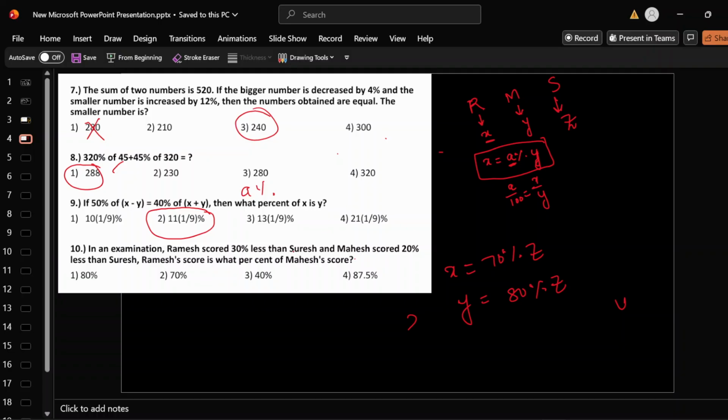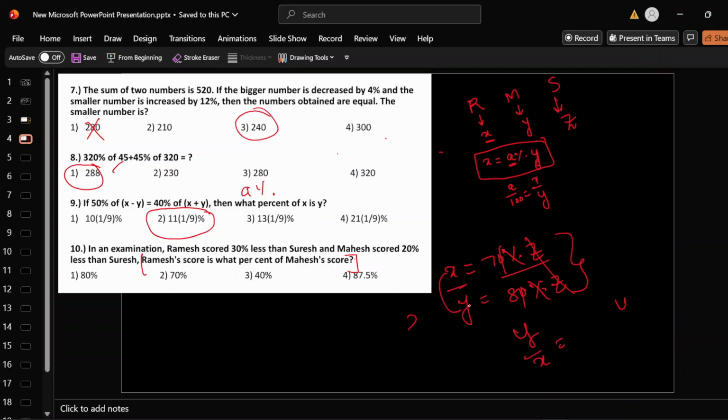And after that, he asked a question, and this is the information he has given. So if you multiply these both equations, we'll be getting the x by y value, right? Z cancel, percent cancel, 0 cancel.